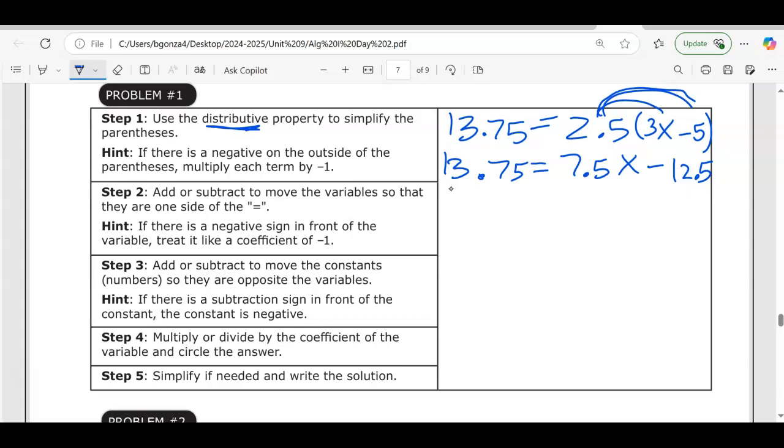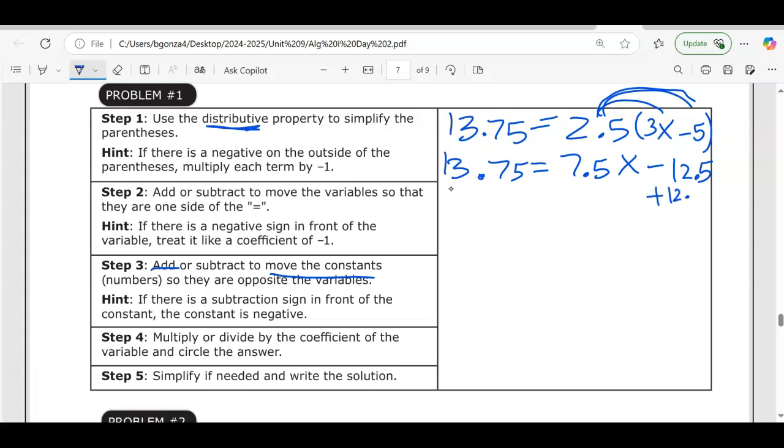Now, if x was on the left, okay, we would do this, but we're going to add or subtract to move the constant. So if x is here, on this same side, the constant, I call it the loner, is negative 12.5. What's the opposite of negative 12.5?